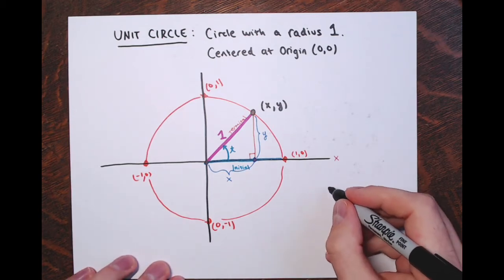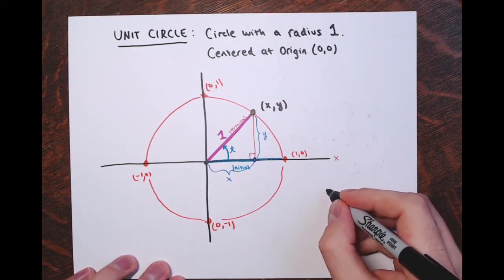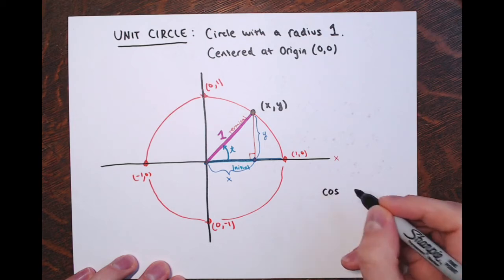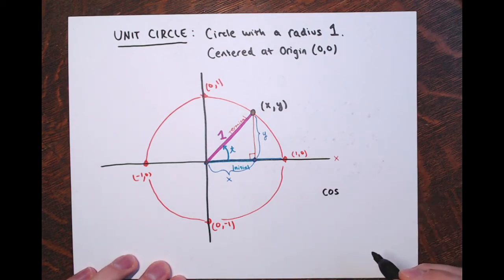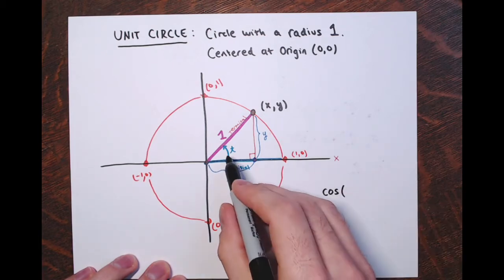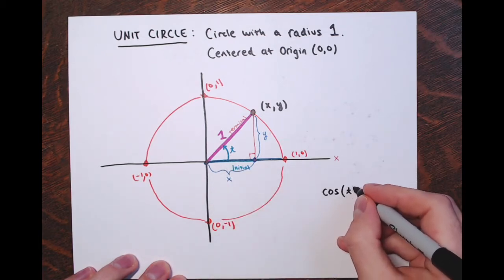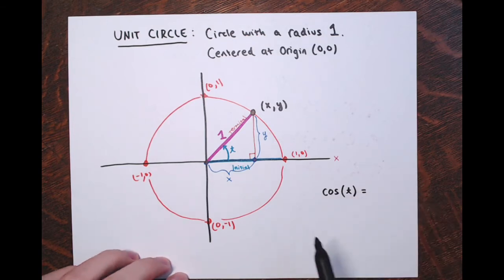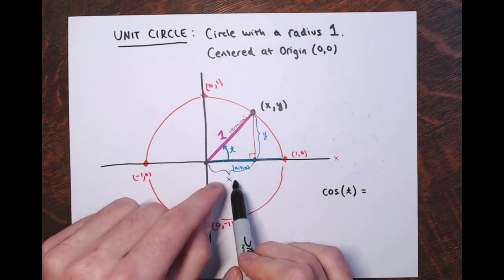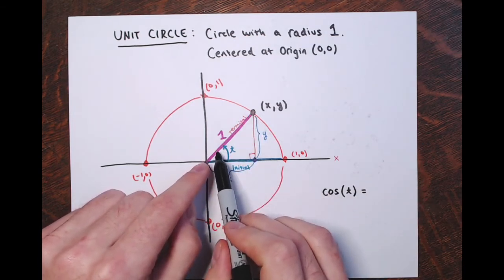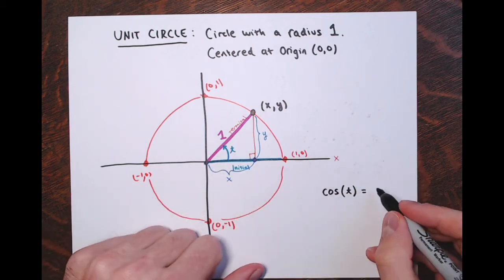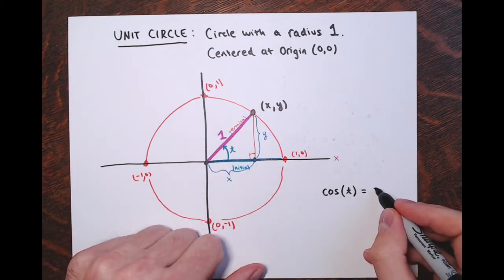So do you see how, say the cosine, I'll start with the cosine, you'll see why in a second. The cosine of this t angle, remember, is adjacent, so x divided by the hypotenuse, which is 1. X divided by 1, anything divided by 1 is itself, so it's just x.